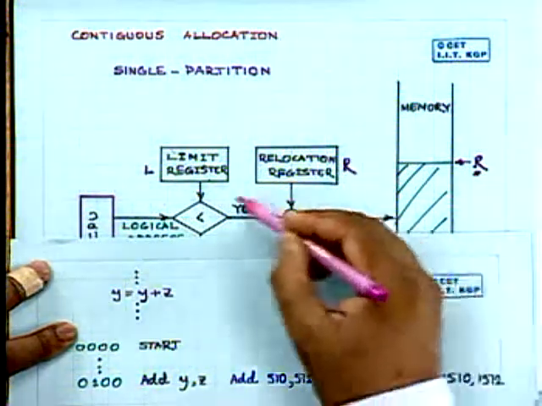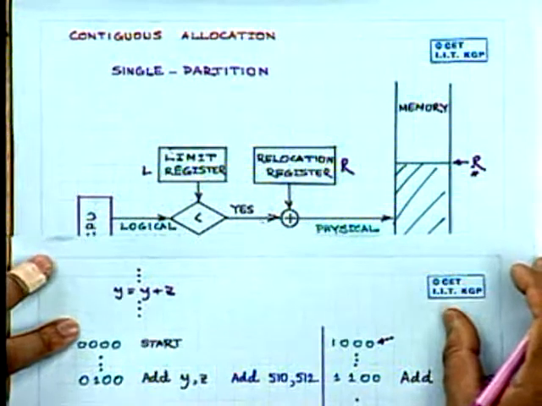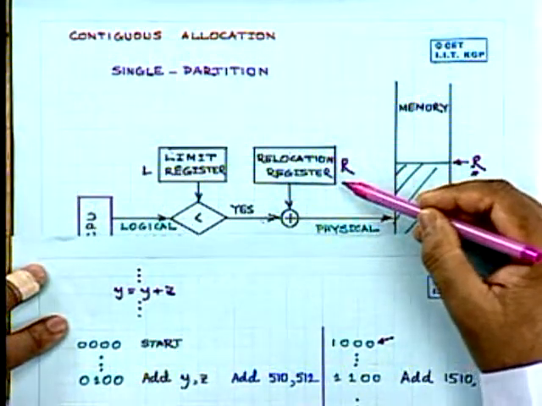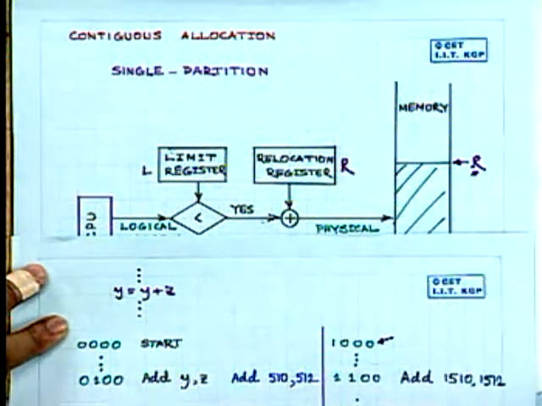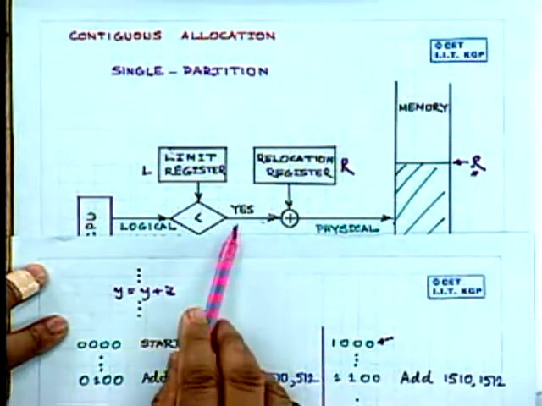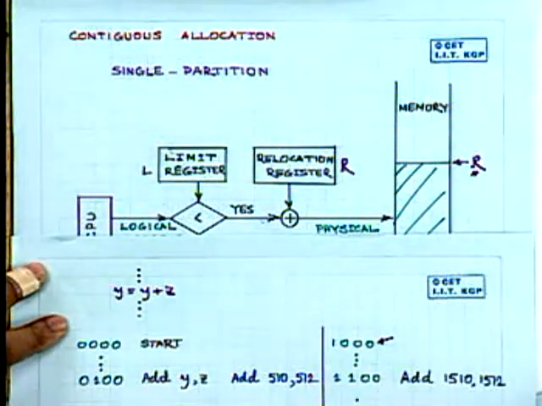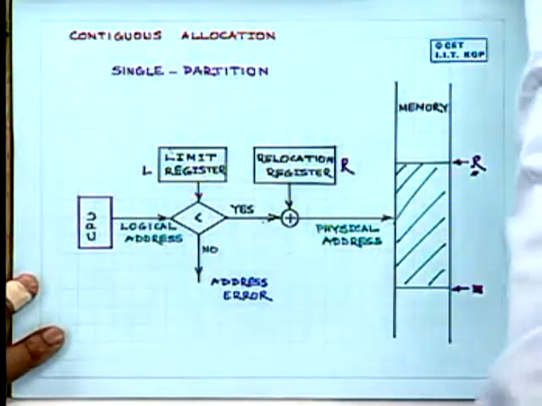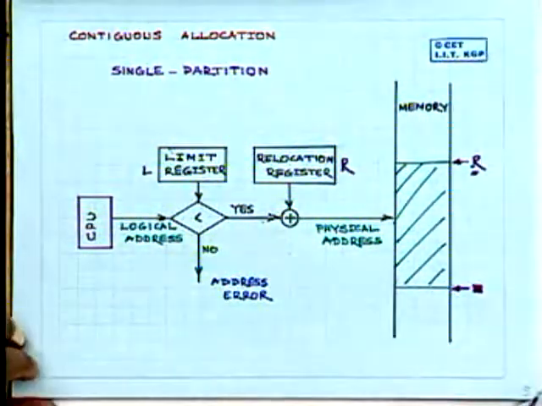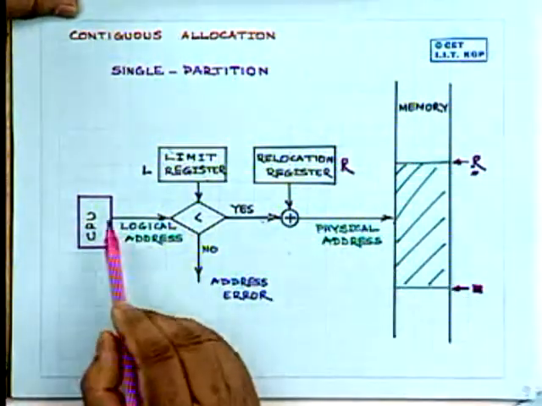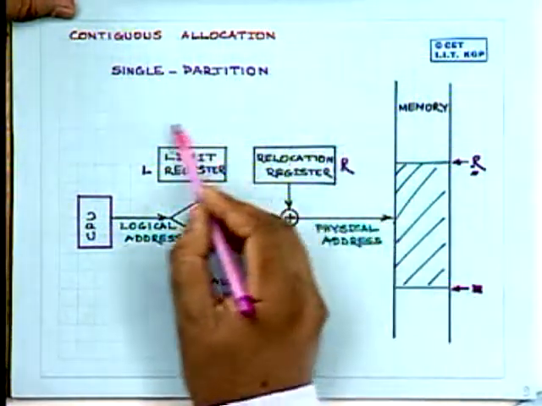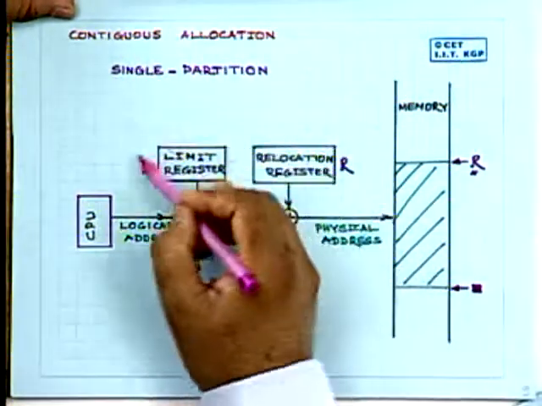This is the scheme that is employed here. That means the relocation register value is to be added to the logical address to get the physical address. Now, this way, you see that we solve the problem of logical address to physical address mapping. This, in fact, is the purpose of the MMU.